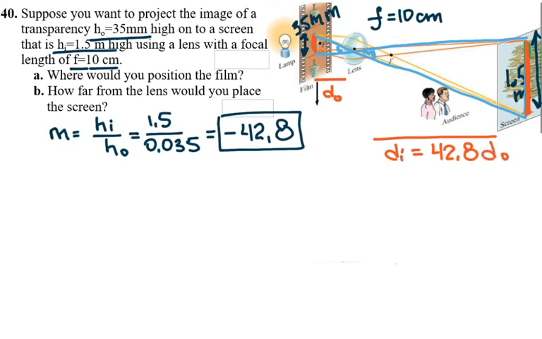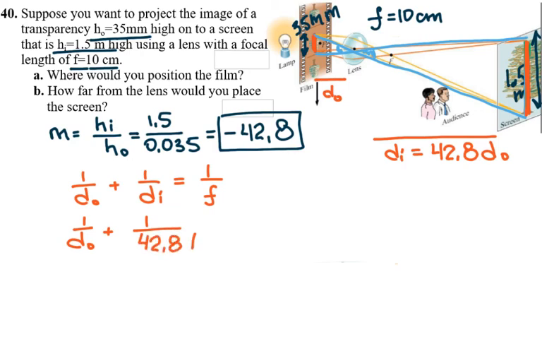Now, if I use my lens equation, 1 over dO plus 1 over di is equal to 1 over f. So dO is going to stay as dO, and for di I have 42.8 dO, and the focal length is 10. I'm going to keep it in centimeters so my answer is in centimeters, because none of the other measurements have to be in meters or centimeters.